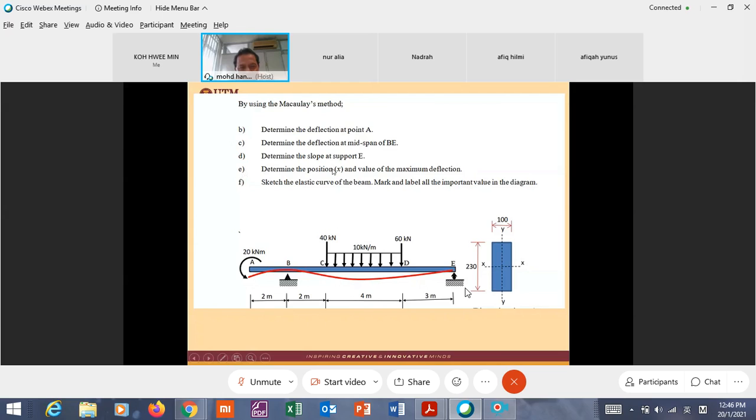So what we can do is try one point or three points here, maybe two, the more the better, find the deflection at each, and then use interpolation to find the X value where the deflection is maximum.